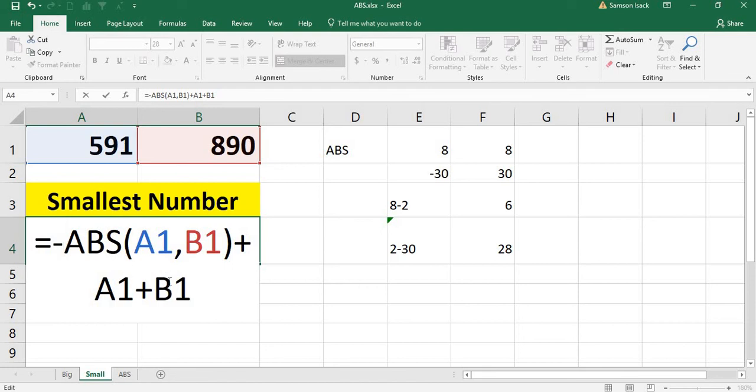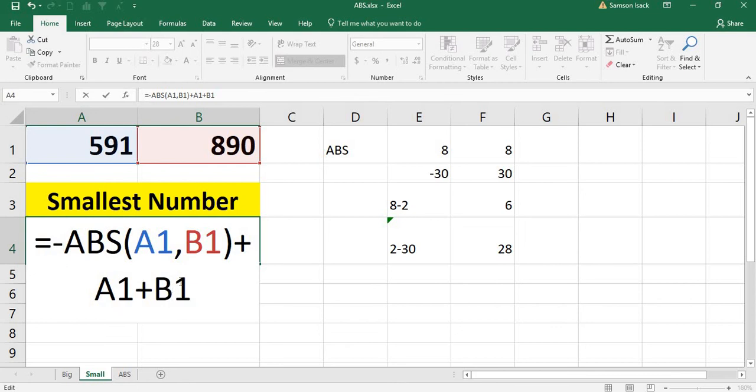So I will get 2B, 2 times the smallest number. Similarly, if B is the biggest number and A is the smallest number, I already have the sum of these two numbers, bigger plus smaller.